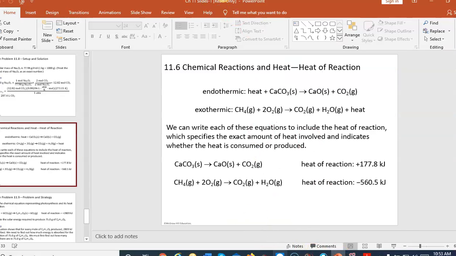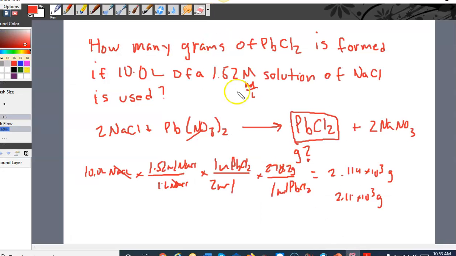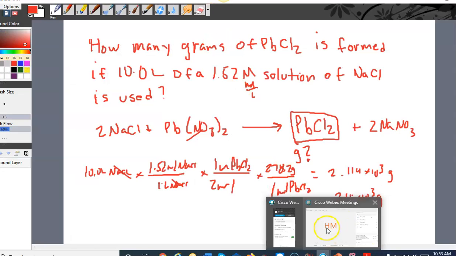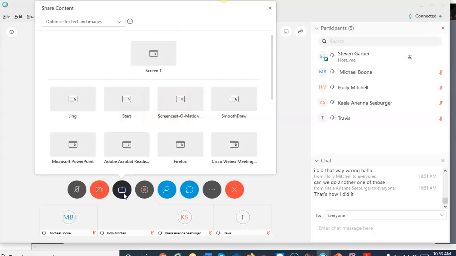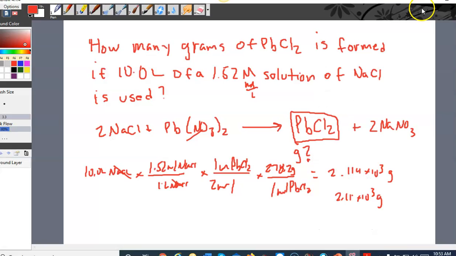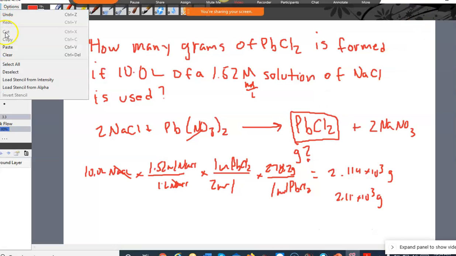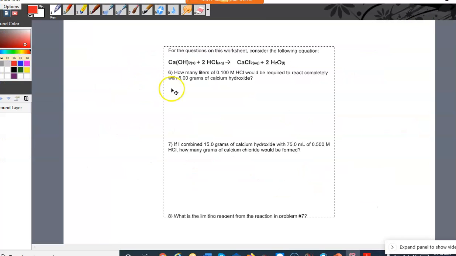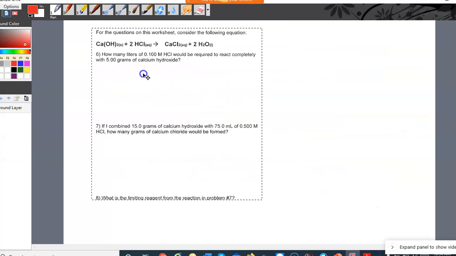Okay. Let me share. Okay, you see that all right? So here I give you the balanced equation, calcium hydroxide.